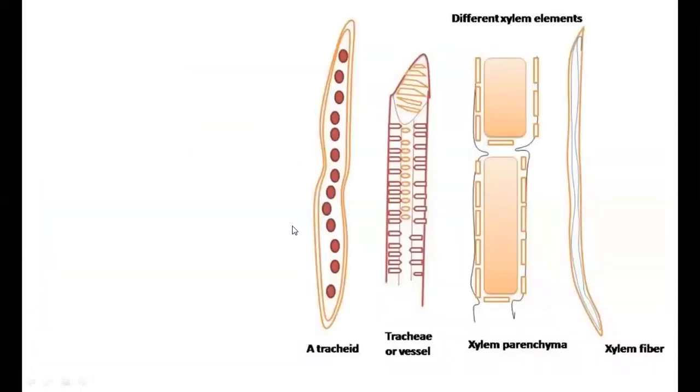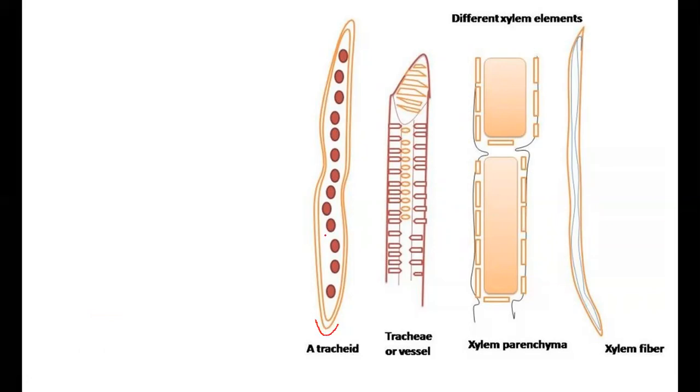These are the different types of xylary element. As you know, xylem has four types of cell. First is tracheid. These are the tracheids. Tracheids are elongated, thick-walled cells with tapering ends.